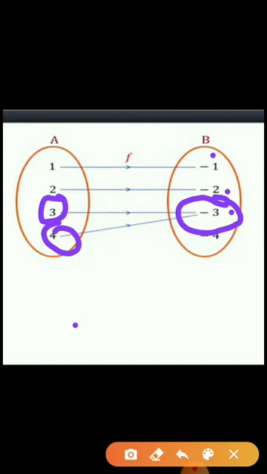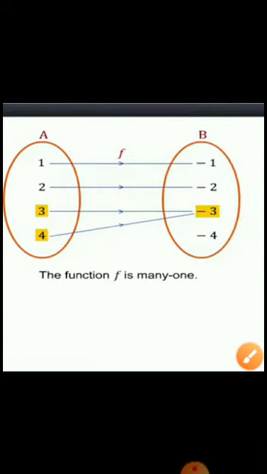So it is not 1-1. So it is a many to 1 function. From the left it is many. That means 3 and 4 are two numbers which are mapped to only a single number, and hence it is a many to 1 function.